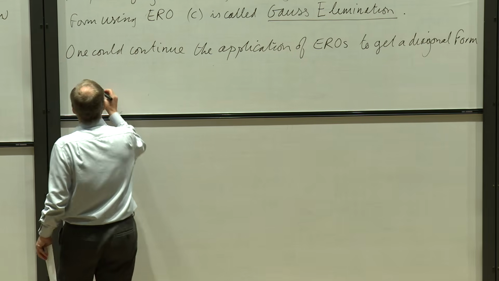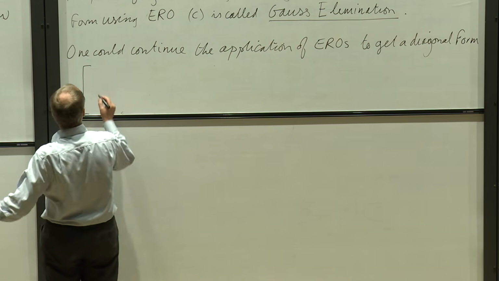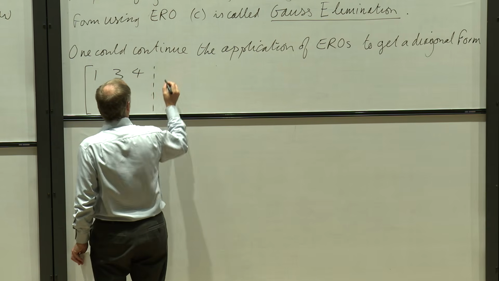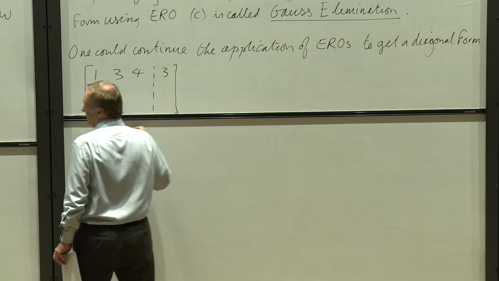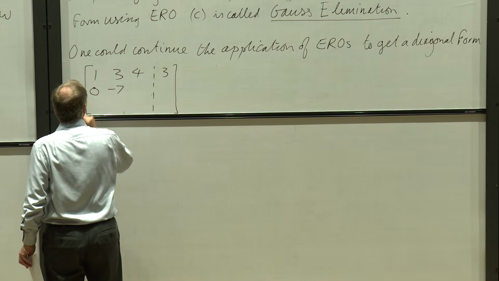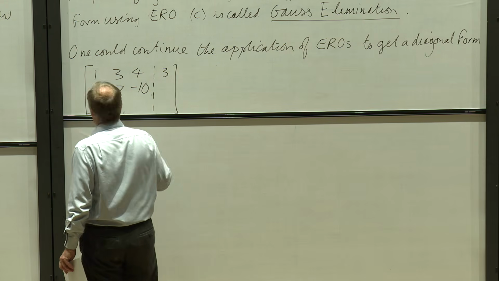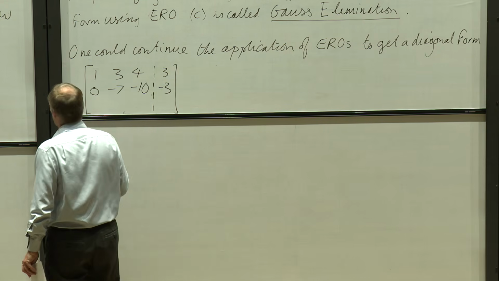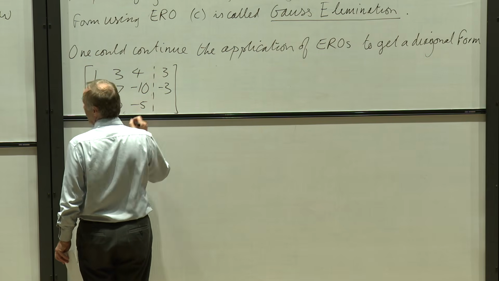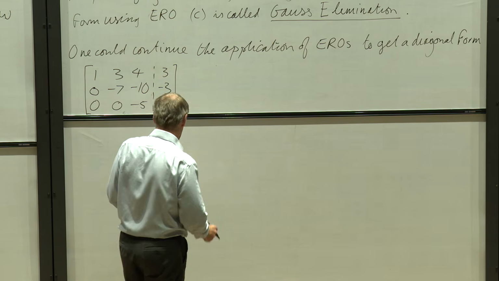We start off with the upper triangular form, which is: 1, 3, 4, and 3; 0, minus 7, this is 0, not 6, minus 10, and minus 3; and 0, 0, minus 5, and minus 5. Okay. And what can I do now?